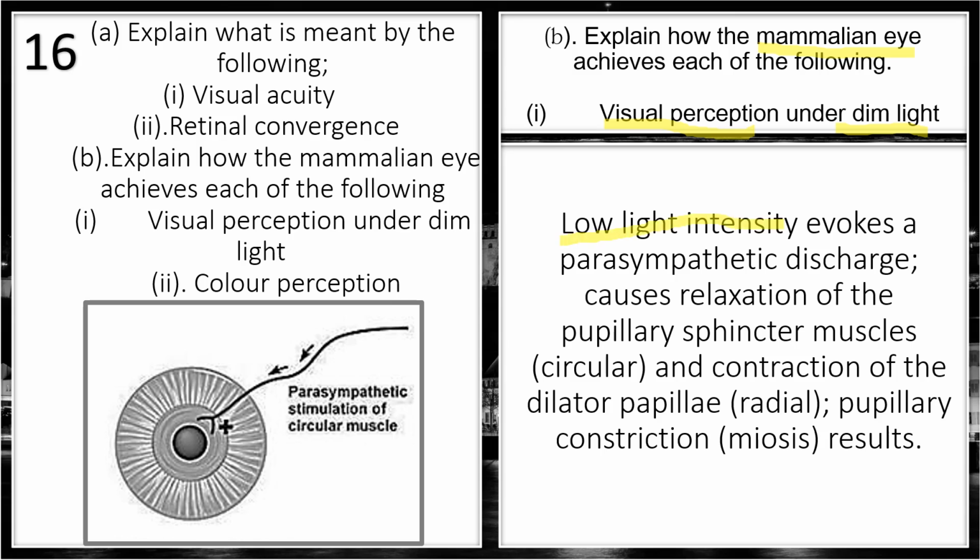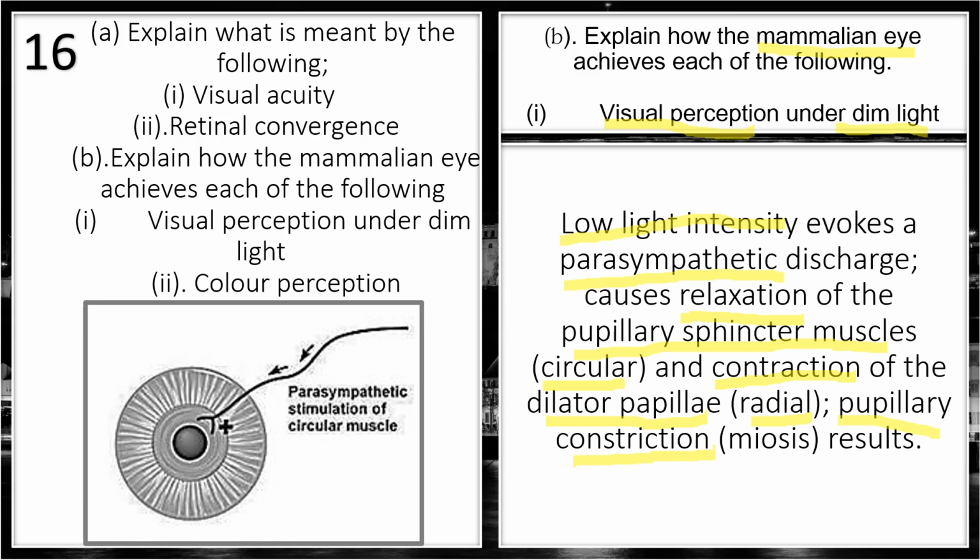At low light intensity, this evokes the parasympathetic discharge, which causes relaxation of the pupillary sphincter muscles, those are the circular muscles, and a contraction of the dilator pupillae, these are the radial, resulting in pupil dilation.